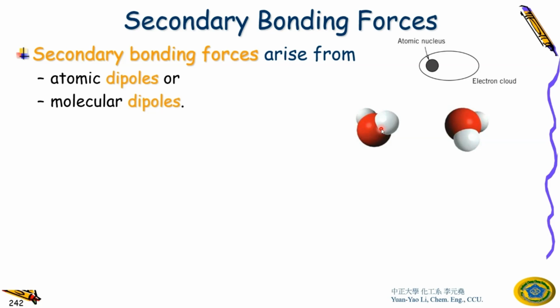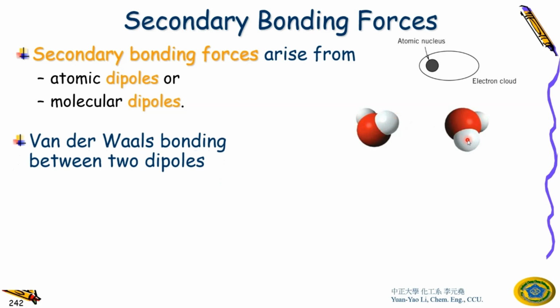So this becomes a dipole, and this dipole has a force. This is the secondary bonding force, the van der Waals bonding between two dipoles.